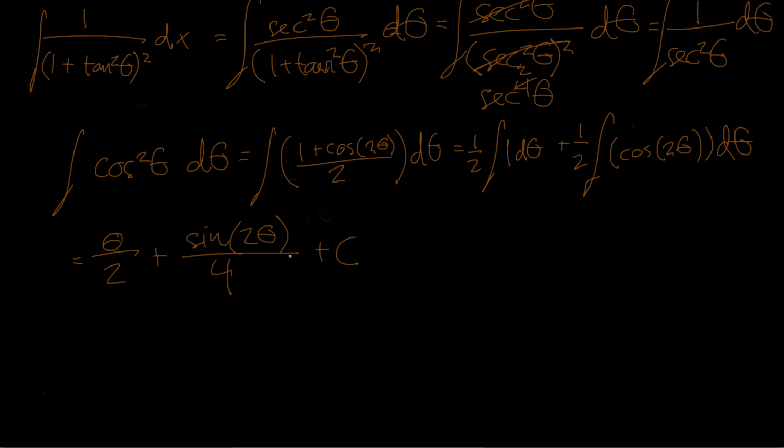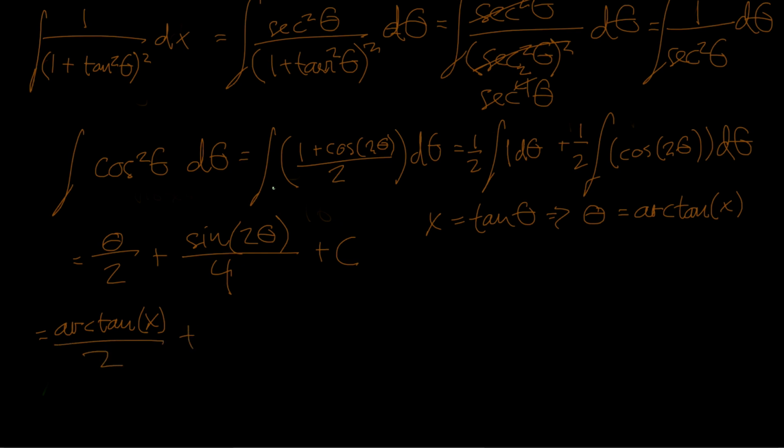But we need to somehow sub back in our x. And we said that x was equal to tangent theta. So we can say that theta will be equal to arctangent of x, right? And so that first one can just be rewritten as arctan of x over 2.